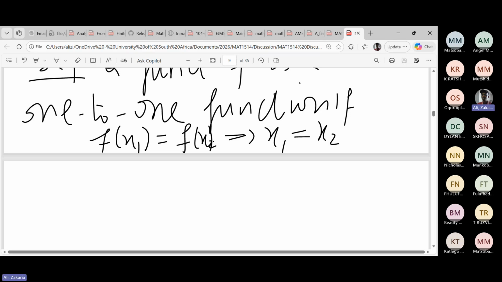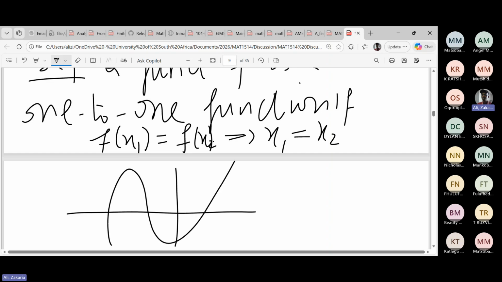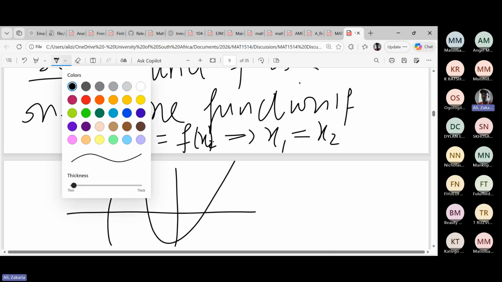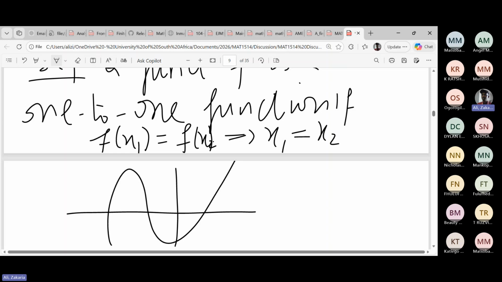The horizontal line test is basically this: if you have a graph of this nature, you can draw a horizontal line like this, straight, crossing the graph.